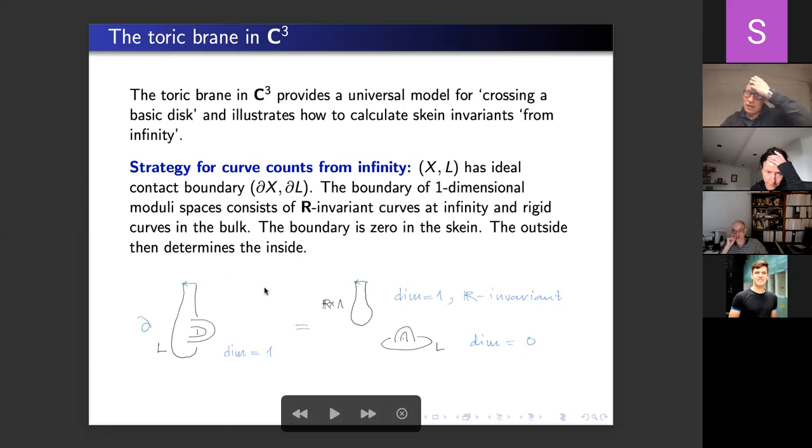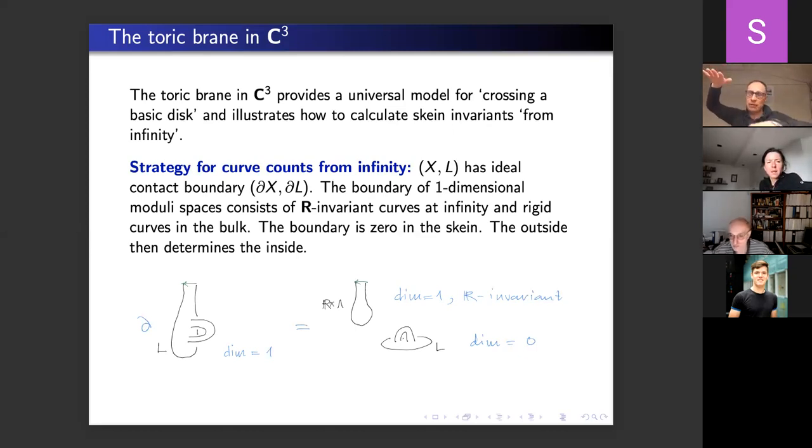Okay. And those curves which already moved into this R-invariant region, together with all the rigid curves inside, form the boundary of a 1-dimensional moduli space of curves. If you want to see this moduli space, you take a curve out at infinity and start pushing it in, and it will move in, maybe it intersects the rigid curve, picks something up, and then it goes back up and disappears.